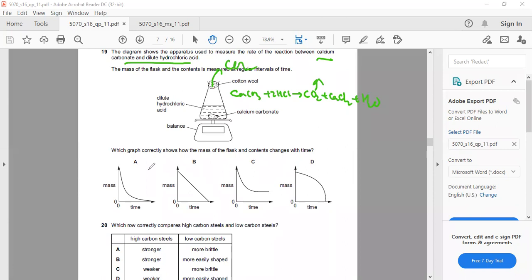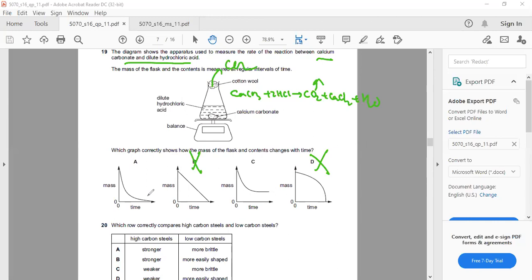Which one is the mass of the whole flask and contents? It cannot be 0 because the flask is there. So B is wrong. D is also wrong. Eliminate the wrong answers because the mass cannot be 0.